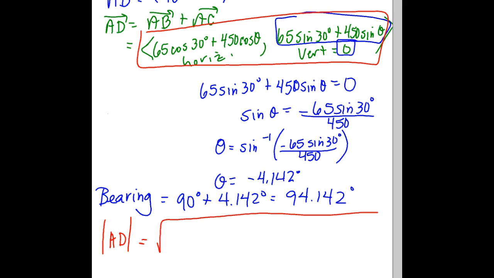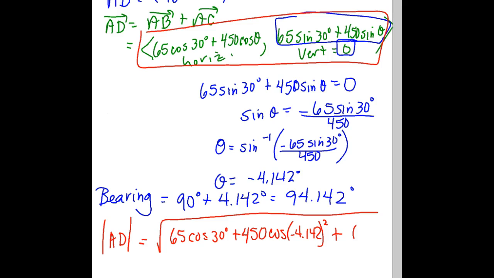We have to take the square root of the first component squared plus the second component squared. Okay, so first component is 65 cosine 30 plus 450 cosine of negative 4.142.